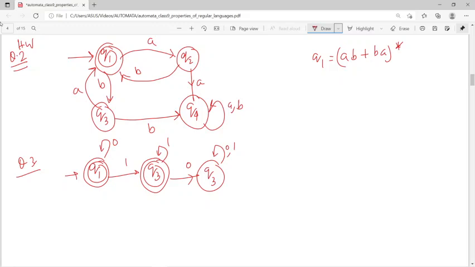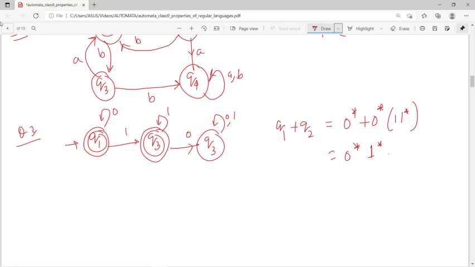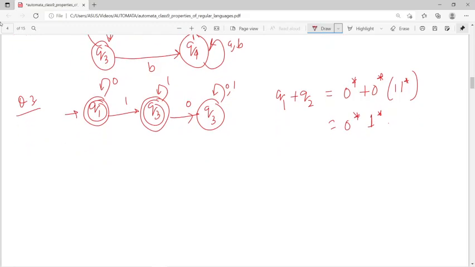And the final state, the result should be q1 plus q2. That means that should be 0 star plus 0 star 1 1 star. This should be like that, or you can write 0 star 1 star. So that should be the answer. Check whether you can find it or not.